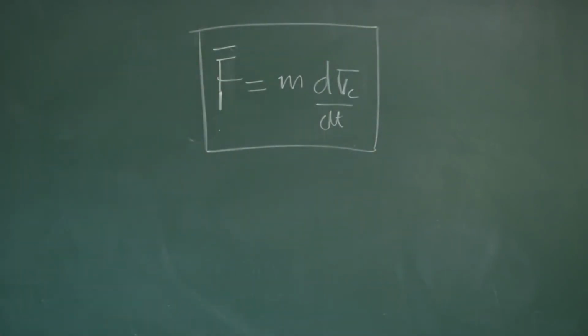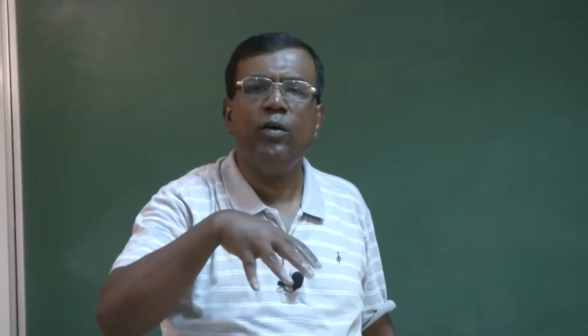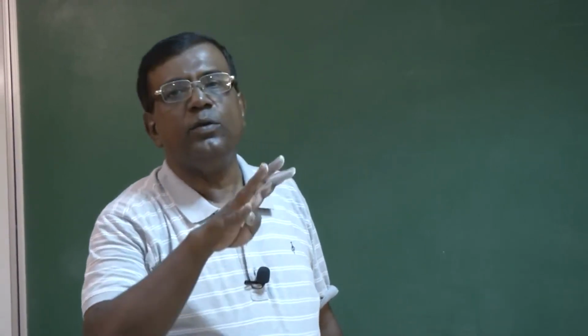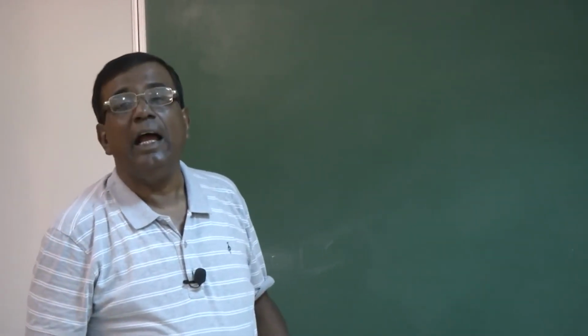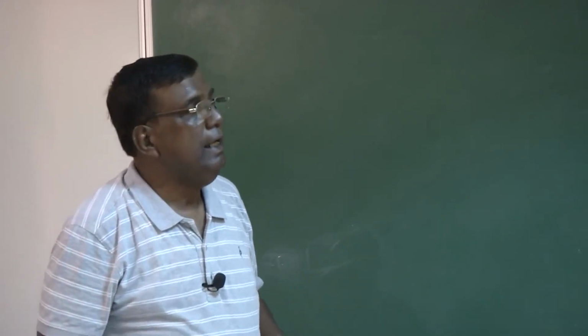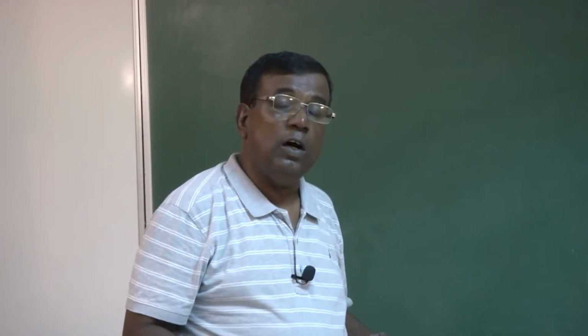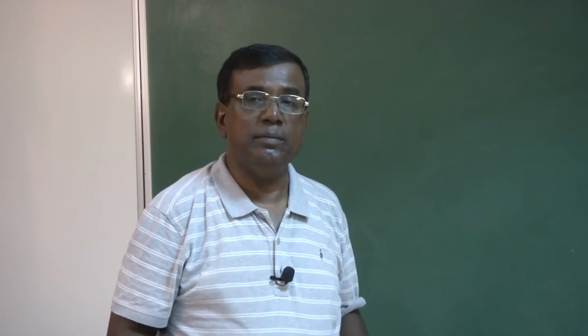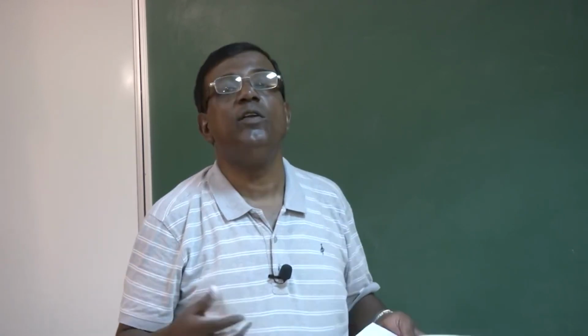We know that this airplane has not only translational motion, it also has angular motion. When it comes to angular motion, it is the angular momentum that will decide, right? In the linear case, we say the external force will cause a change in the linear momentum, and in a similar way, an external moment will cause a change in the angular momentum.